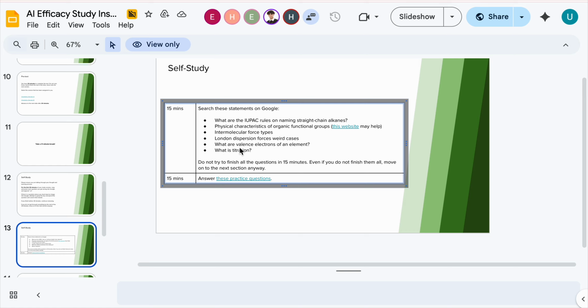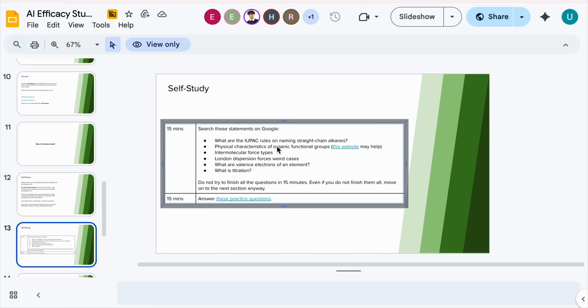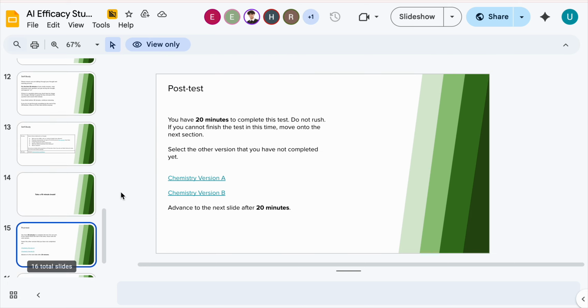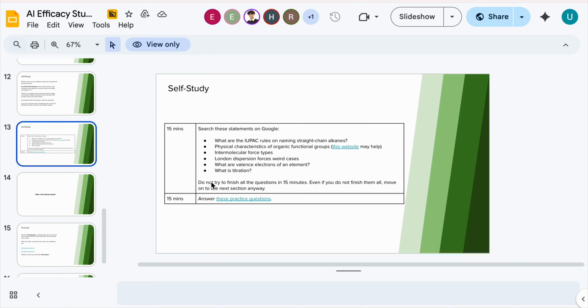Let's study the next question. What are valence electrons of an atom?